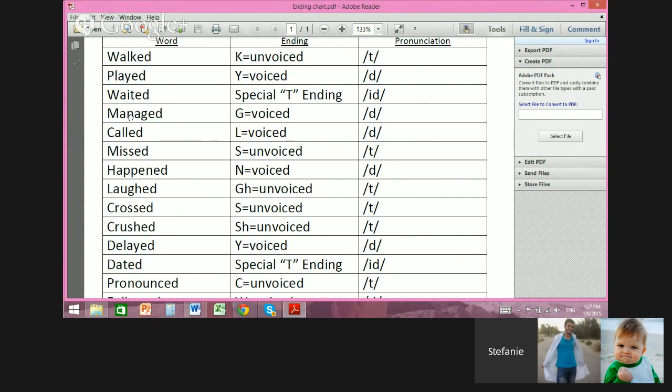When manage is by itself, it ends with E, but the E is silent, right? So the sound at the end of manage is that G, and G is voiced. So since it's voiced, managed ends with a hard D sound. So everything I just said, try and say it in your own words. Say the word is managed, and this is the ending, and this is why. Try it.